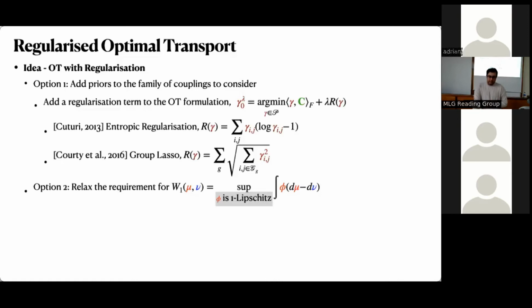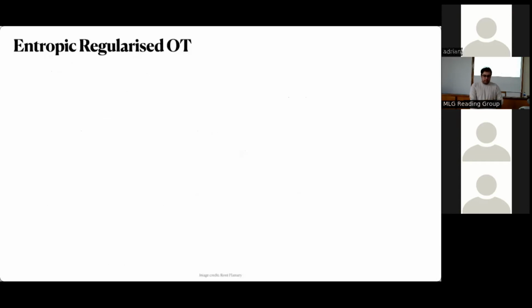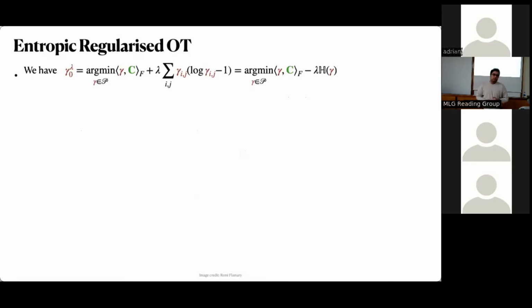Nice, thanks. And so I'll skip over the other options to regularize it, because I'm going to focus on one very specific form, which is the entropic regularization, where you're adding this entropy term to the cost function. So let's talk about that. So now, instead of minimizing the original cost function with the constraints, you're minimizing that plus this regularization term.